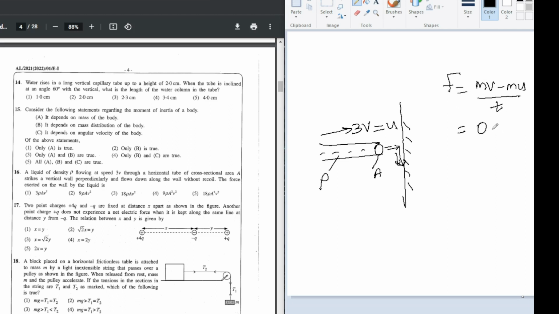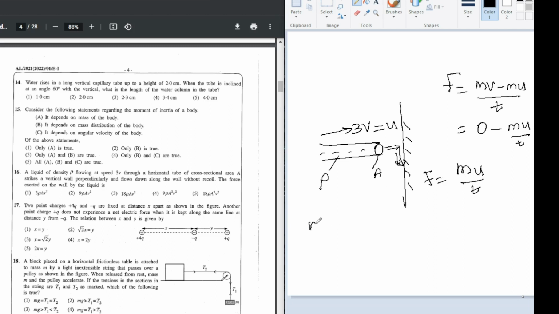So this is 0 minus mu over t. That is for the force on the water. They are asking for the force exerted on the wall, which is the same, but positive, mu over t. We want to find this mu over t. M is not given directly.